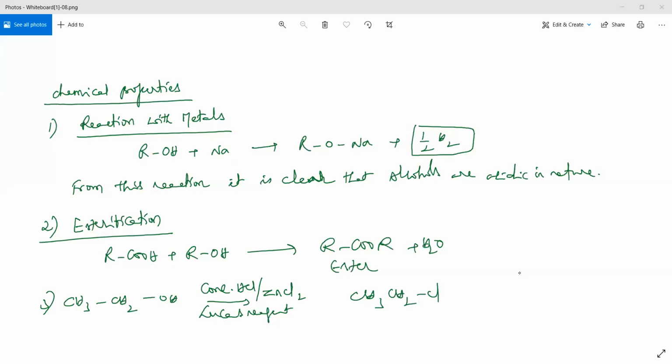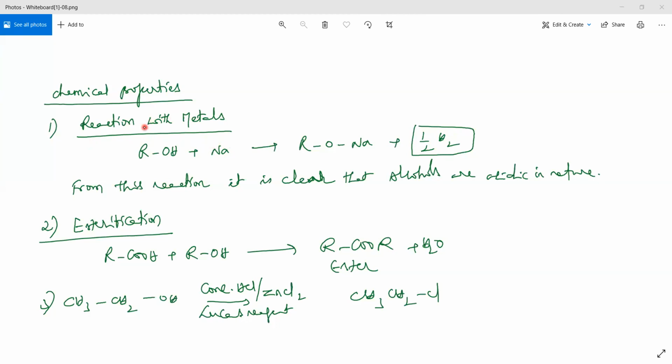First one is reaction with metals. When alcohols react with active metals like sodium, what will you get?